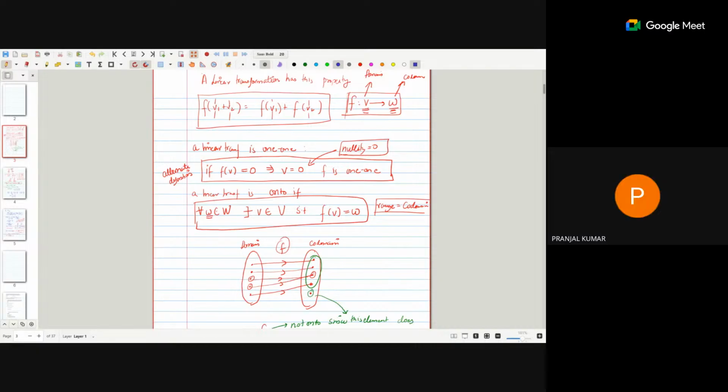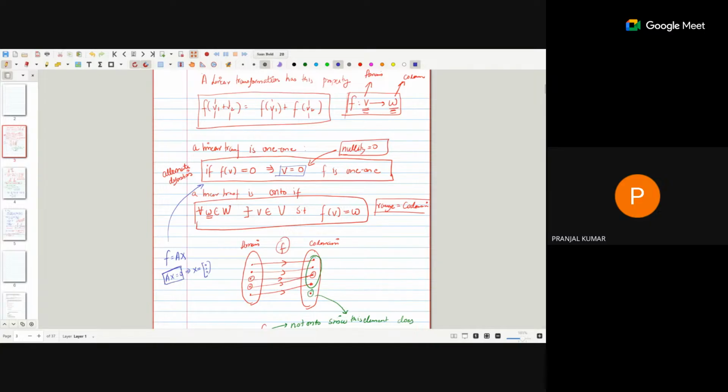So see, what it is saying is, you know that f can be represented as Ax, right? Now it is saying that if f of b is equal to 0 implies that b is equal to 0, that is, Ax equal to 0 should imply that x should only be the 0 vector. That is, Ax equal to 0 should only have a trivial solution.